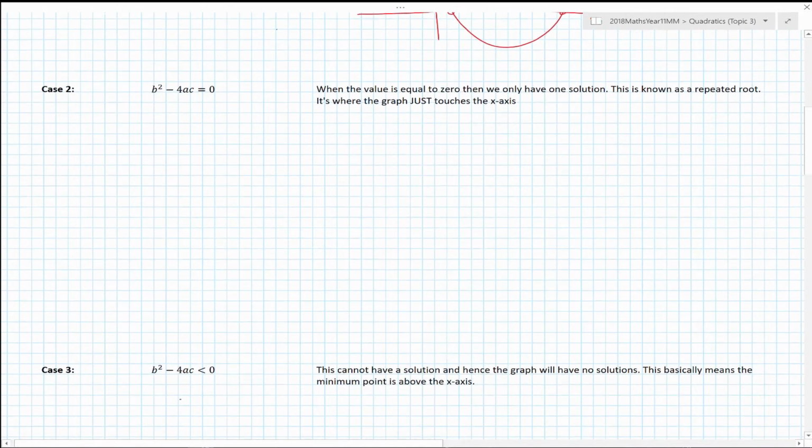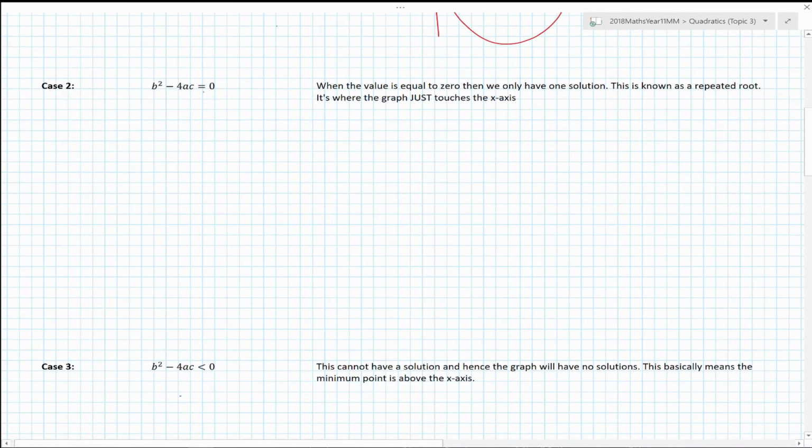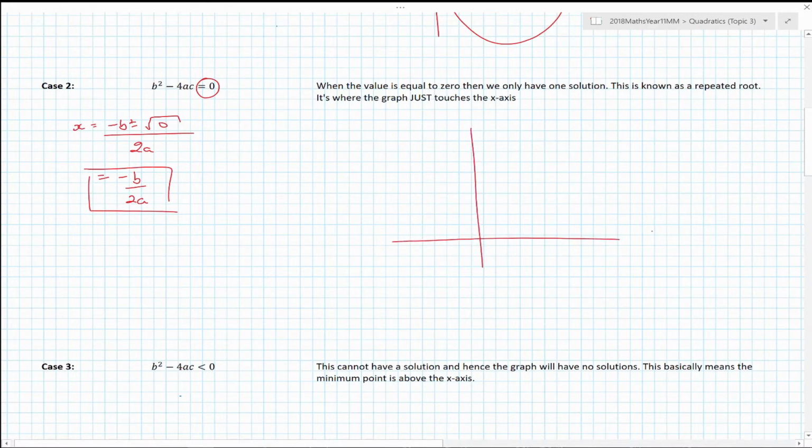We then looked at the second case where b squared minus 4ac is equal to 0. And if you remember, we had x equals minus b plus or minus the square root of 0 all over 2a, which gave us just minus b over 2a. Because that plus and minus has disappeared, that means there's only one solution. To describe what would happen there, we would have it just touch here.